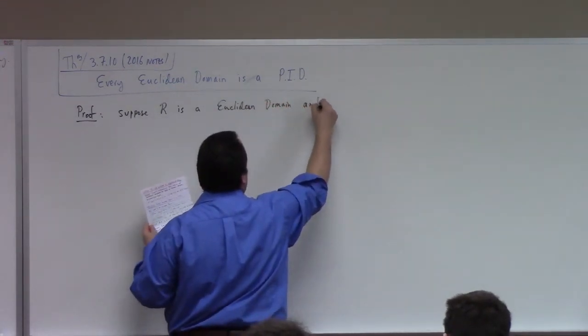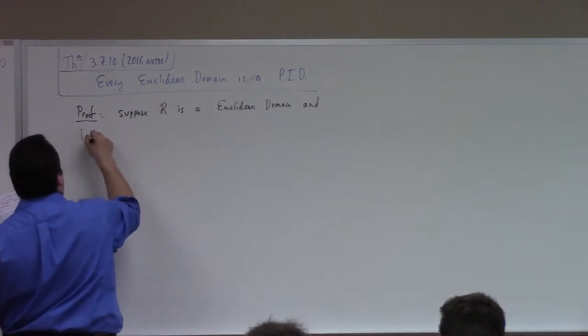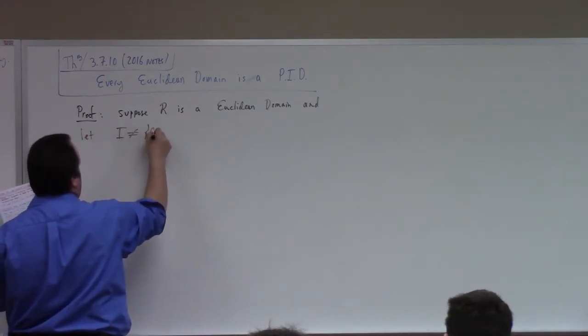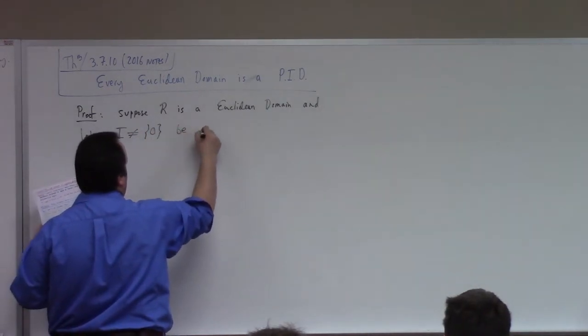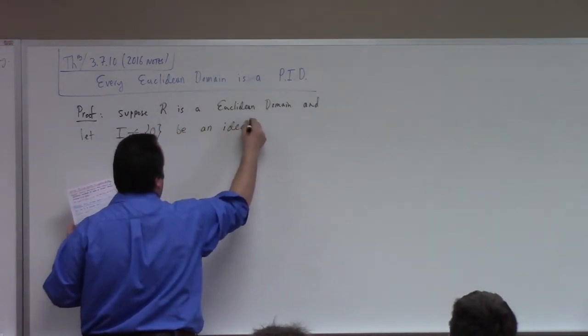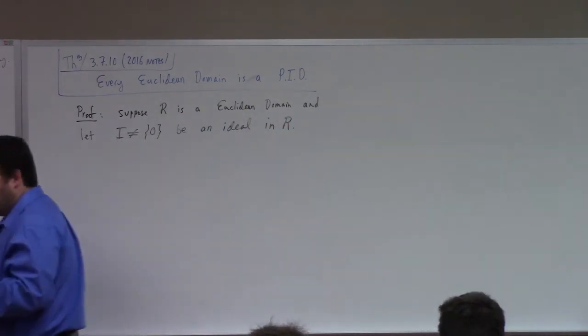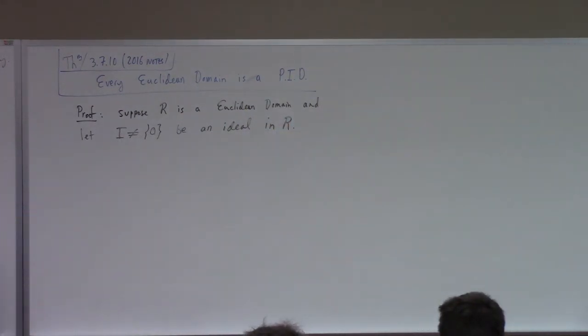And let I not equal to 0 be an ideal in R. All right, what's our goal? So it's principal? Right. So how do we get at that?